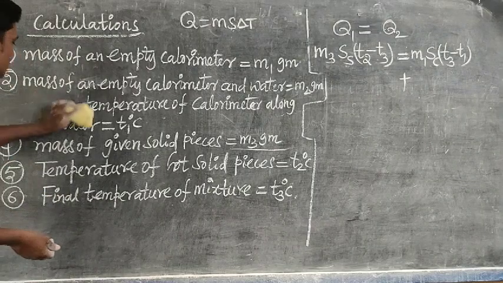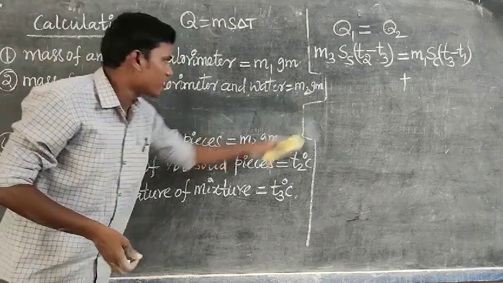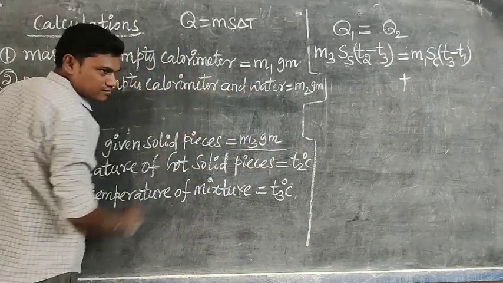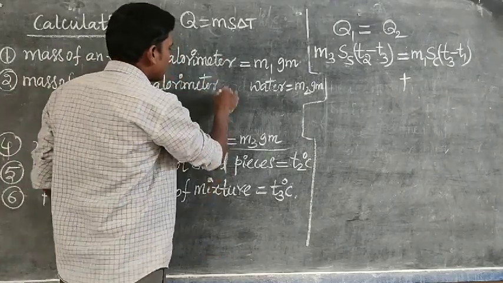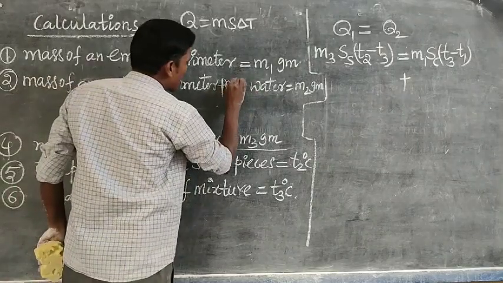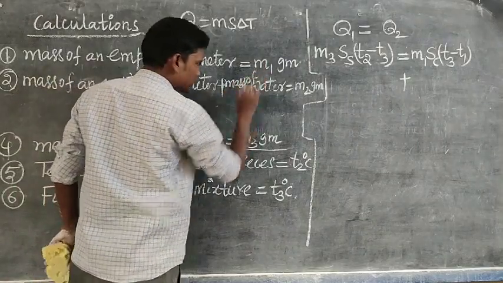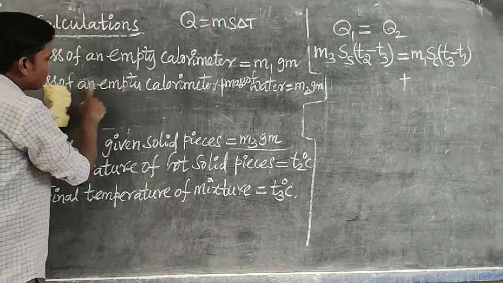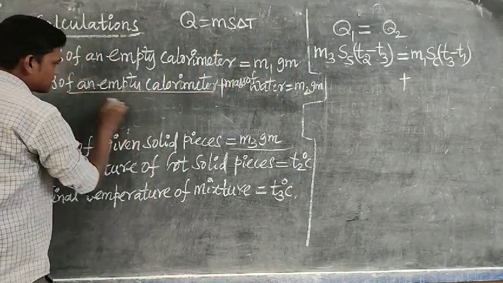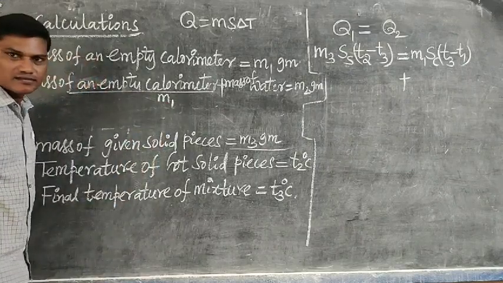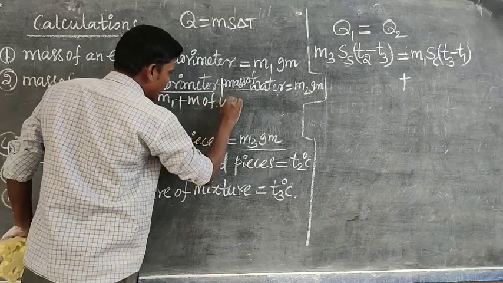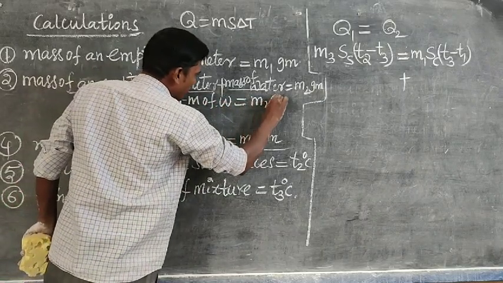Come to this one. Here I will say the mass of an empty calorimeter and water. In the place of "and", I will put plus for understanding; plus means combined. The mass of an empty calorimeter is M1. So we can write M1 plus the mass of water equals M2 grams.